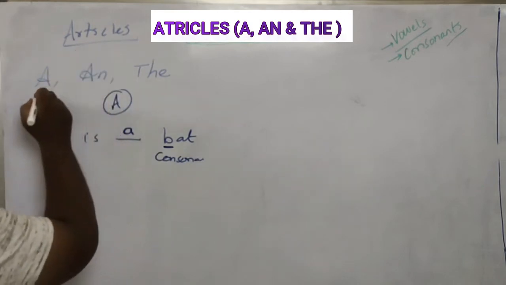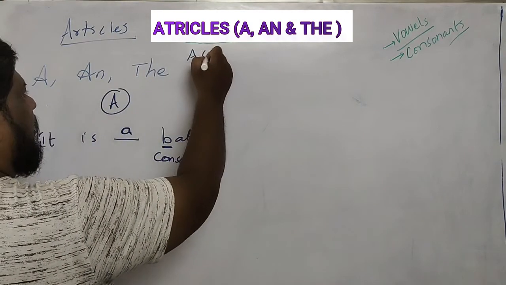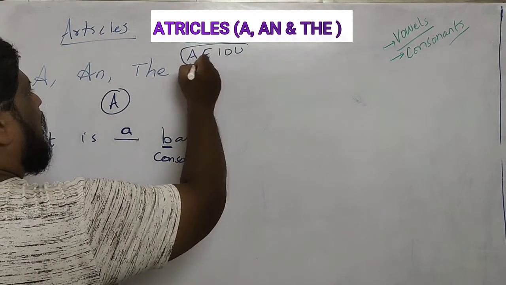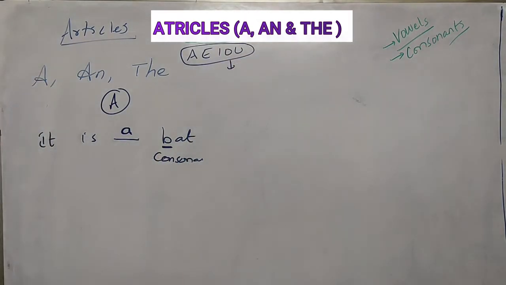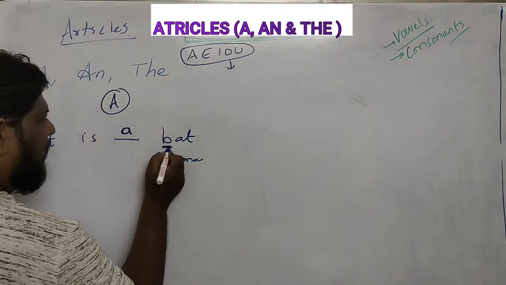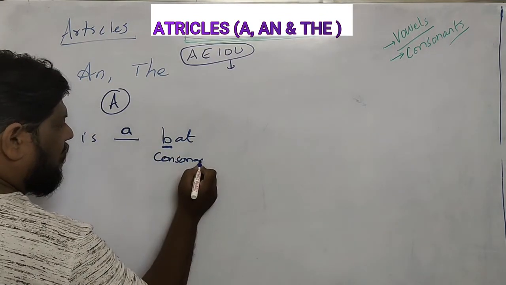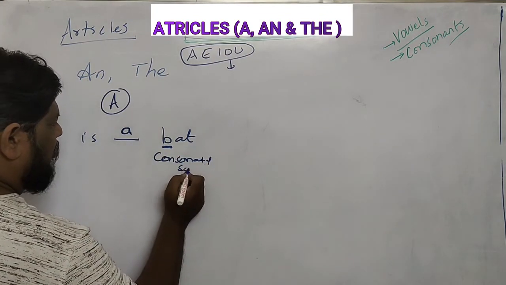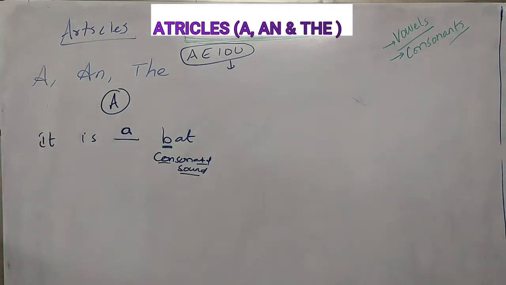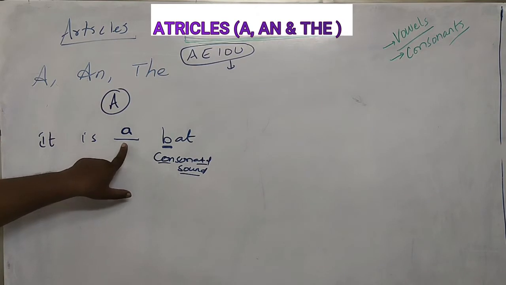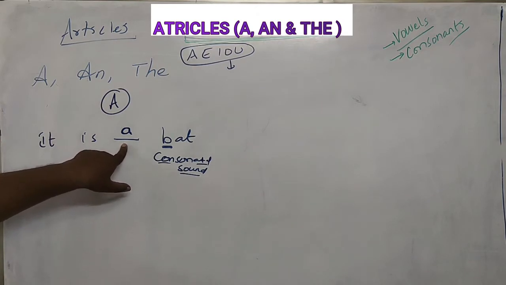What are vowels? A, E, I, O, U. Apart from these, all are consonants. So if this particular alphabet is giving out the consonantal sound, then what have you written here? A.